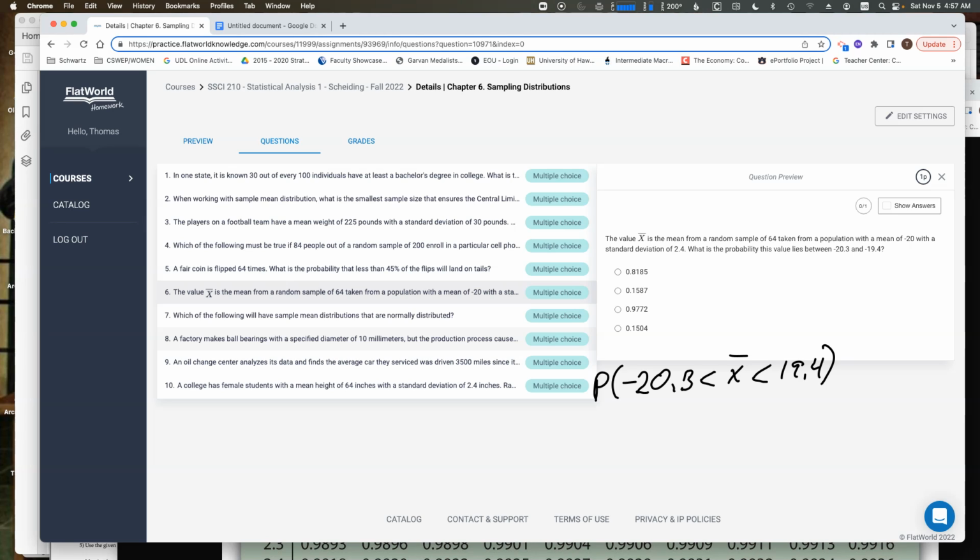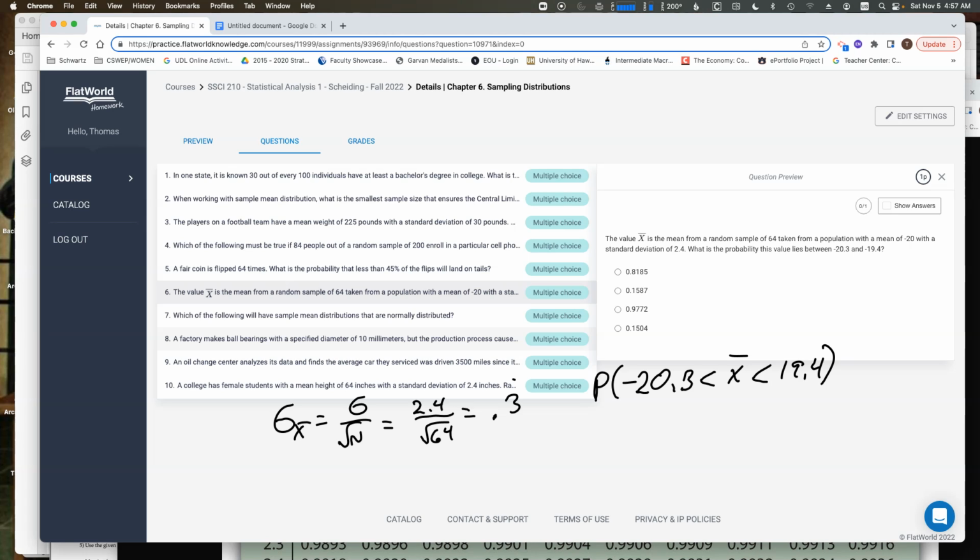So one background equation we need to do would be 2.4 over the square root of 64, and that is 0.3.